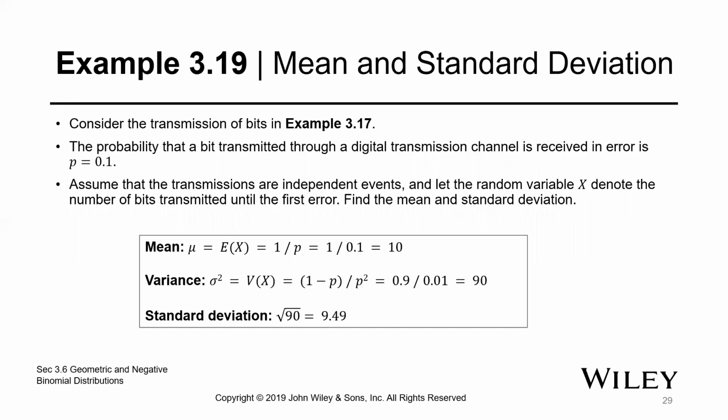If we have a probability that a bit transmitted through a digital transmission channel is received in error of 0.1, the mean is 10, the variance would be 0.9 over 0.01, or 90. So the standard deviation is about 9.